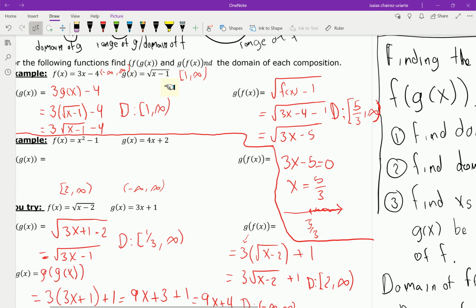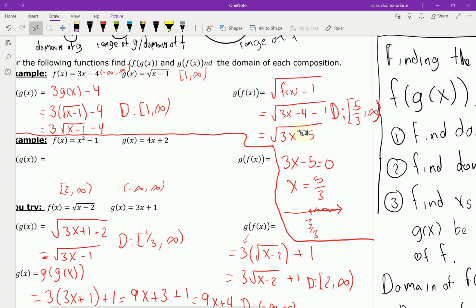Literally, one thing I could do here is set my function f of x, so 3x minus 4, equal to 1. Why 1? Because 1 was the cutoff point for the domain of g of x.